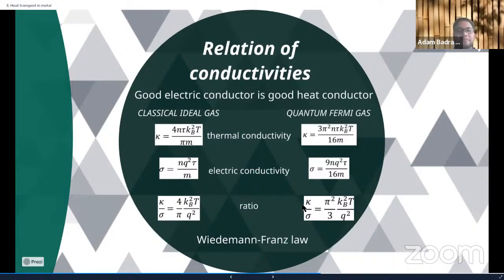So many people now research materials that don't obey the Wiedemann-Franz law. They want materials with a small kappa, so they conduct heat very poorly but conduct electricity very effectively, or the opposite, something like that.